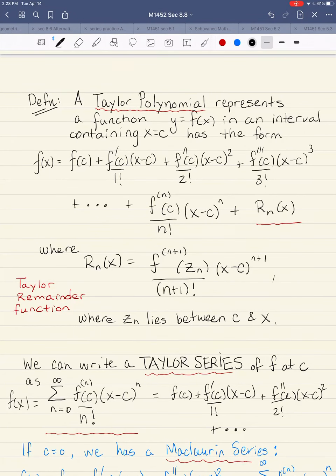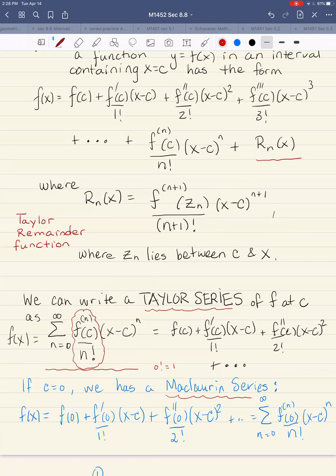So the power on the x minus c continues to climb. So when you're talking about the coefficients of the Taylor polynomial, those are these guys. Notice that my counter starts at 0. 0 factorial is equal to 1, as is 1 factorial.